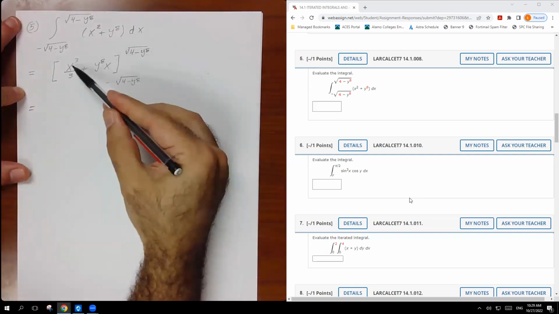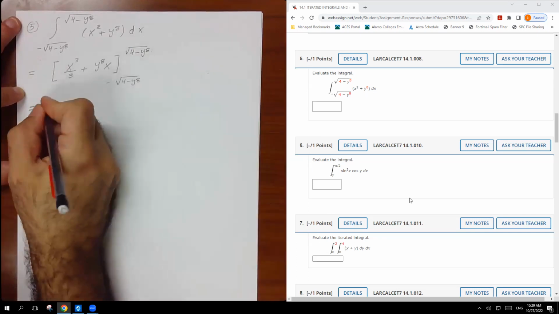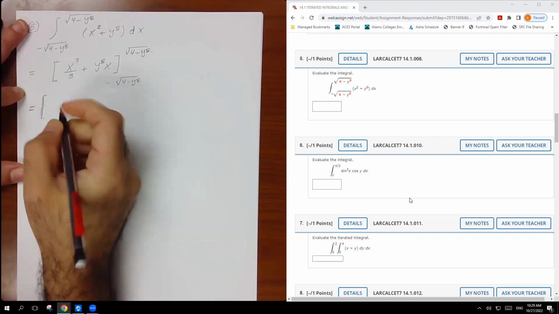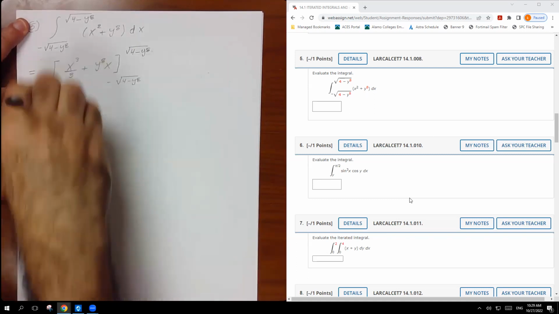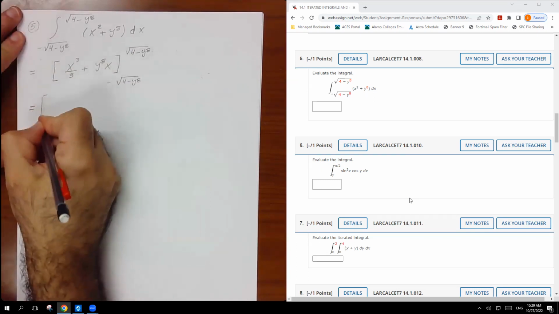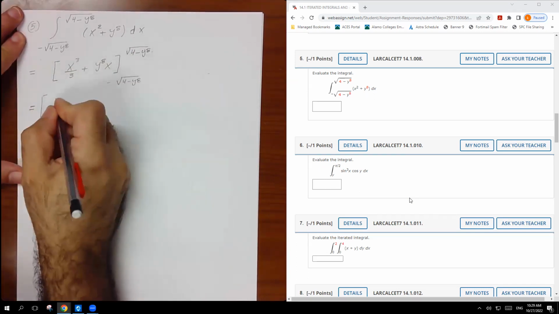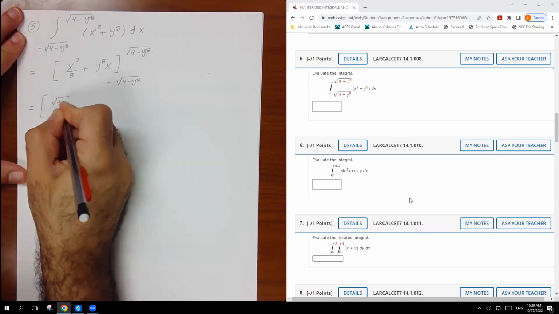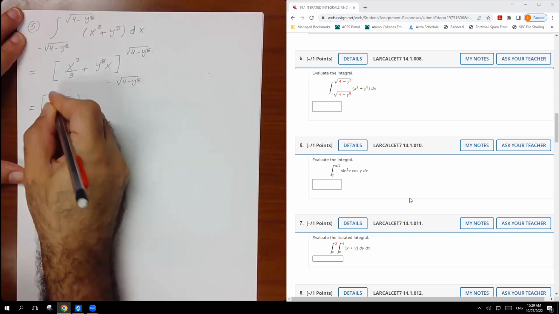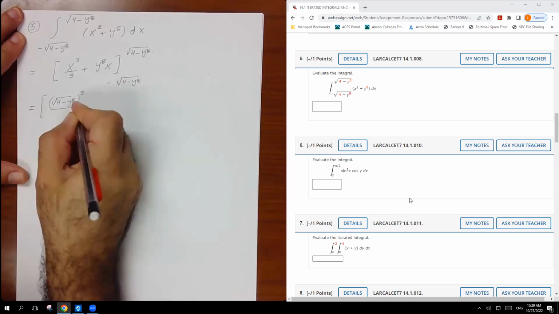Plug in this one here and here. So here is the first one. This one is going to be square root of 4 minus y to the power 8, cubed, over 3.